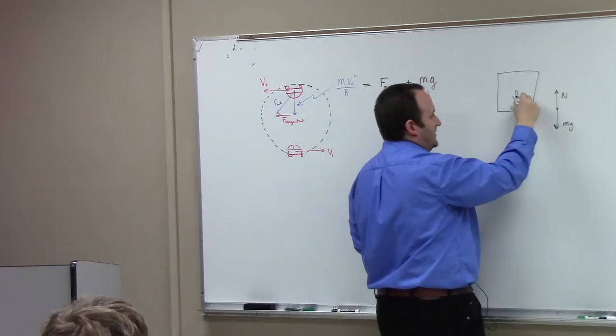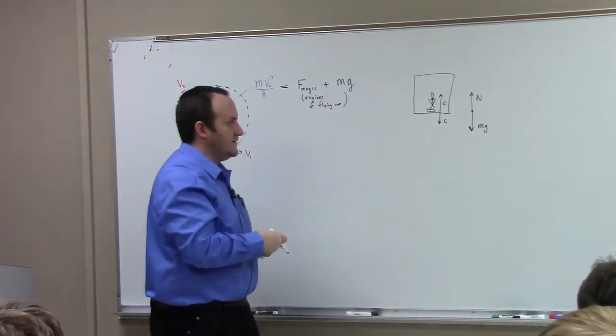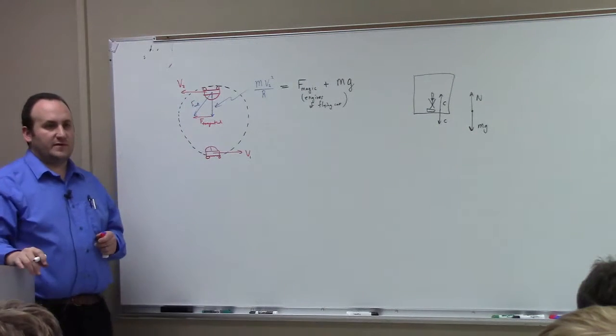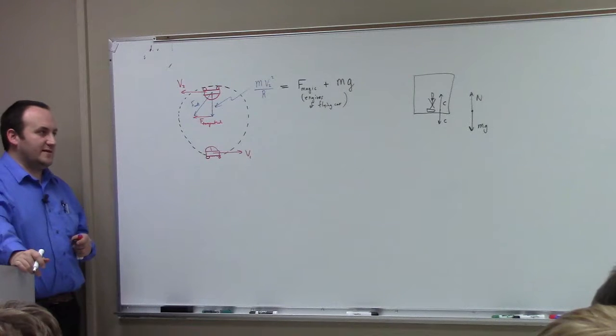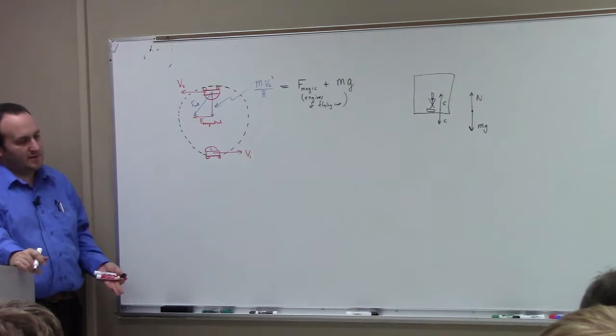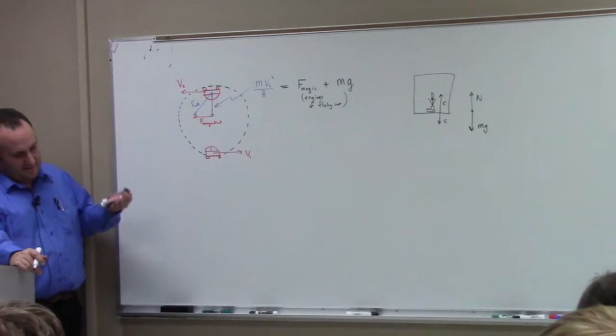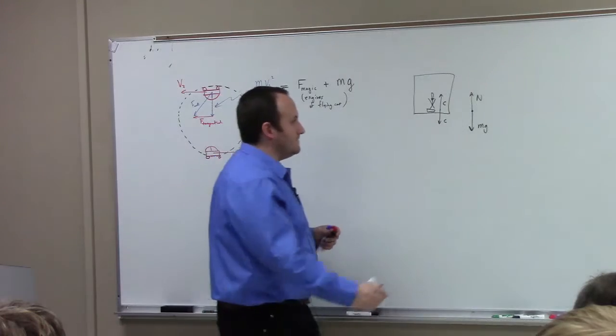But then the scale is pushing back up on him with that contact force, and that's what we call the normal force, right? The normal force is the third law pair of the contact force his feet put on the scale, and conversely, the floor, in this case the scale, puts that contact force back on him, which by the way is the normal force. All right.